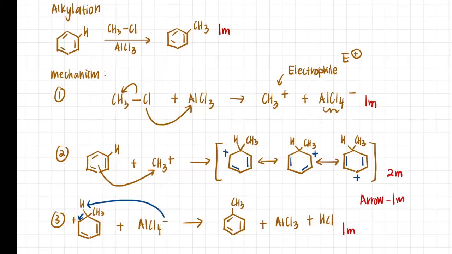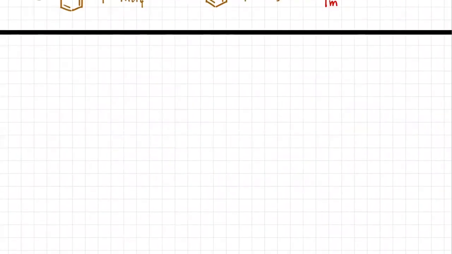Right, so we have two more mechanisms to go. After alkylation, we have acylation.